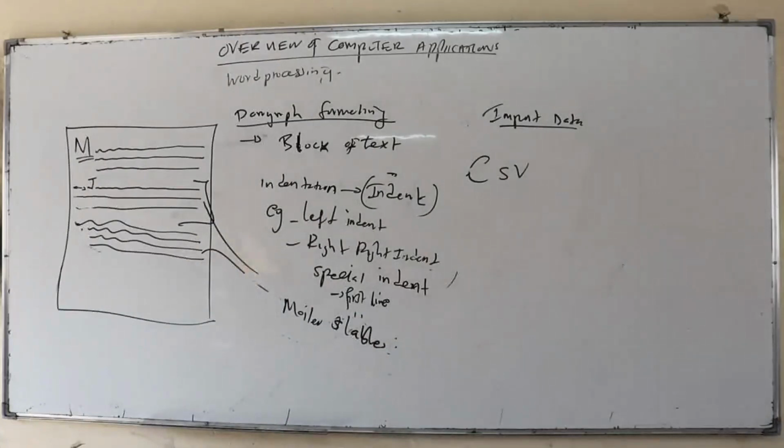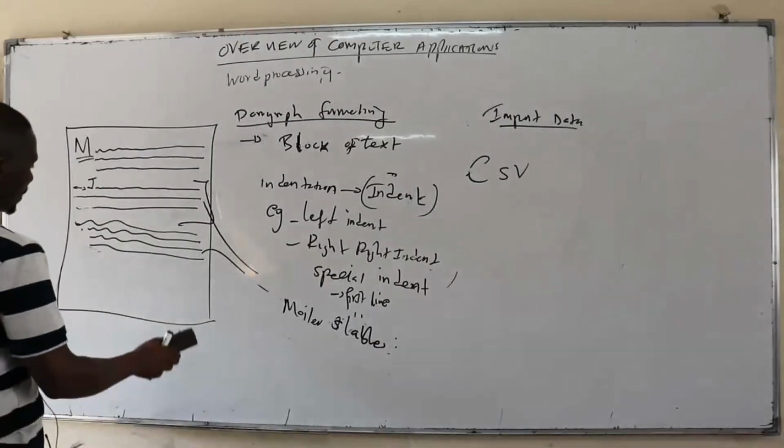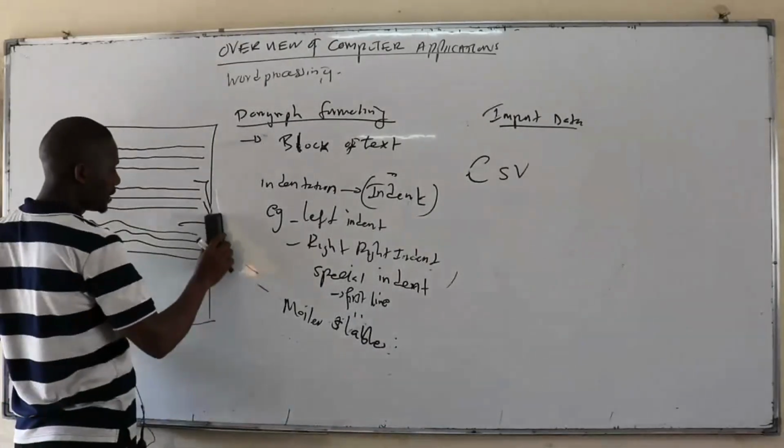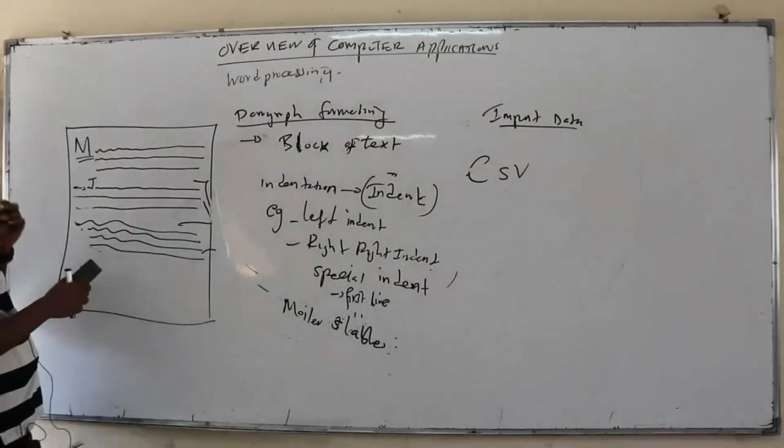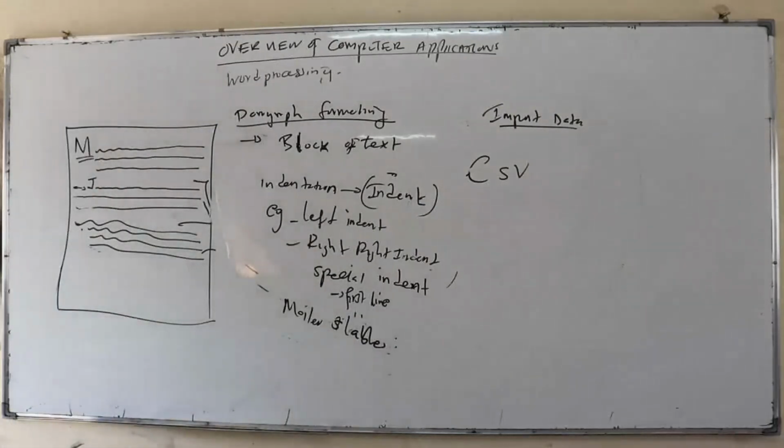Mailer enables us to create letters, and merge with the data to process several documents, so as to have more documents. This is what the processor can help you save more.